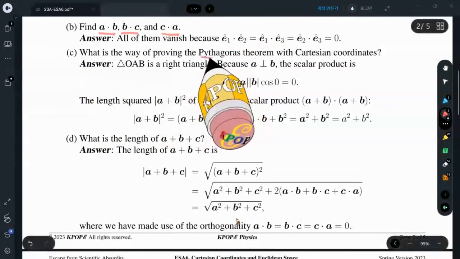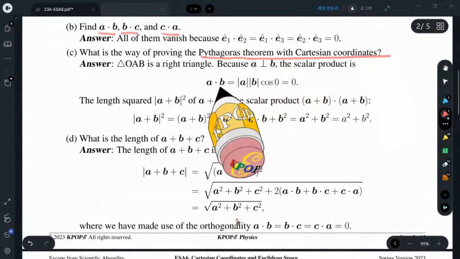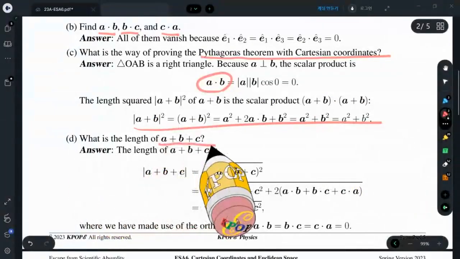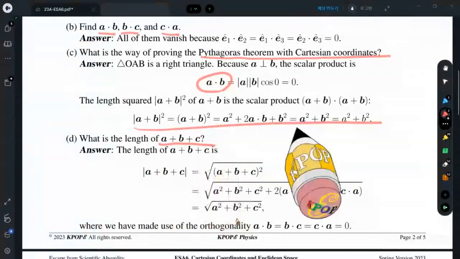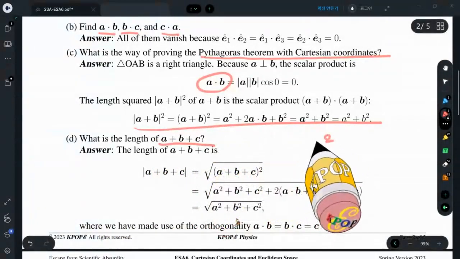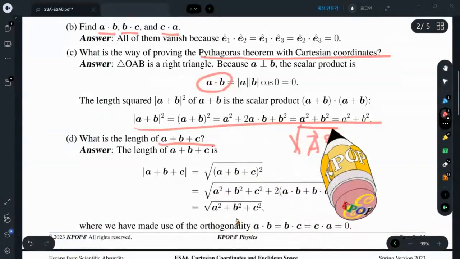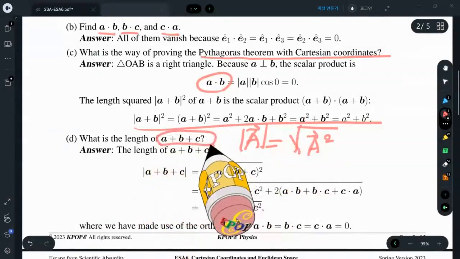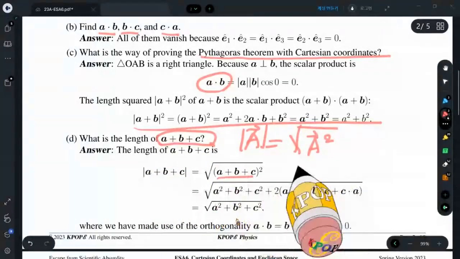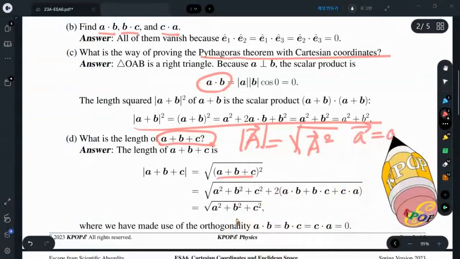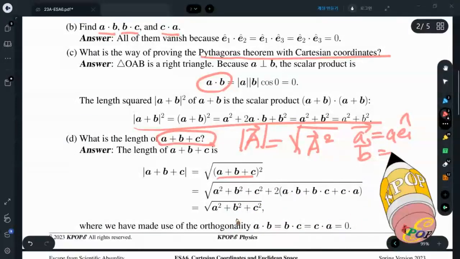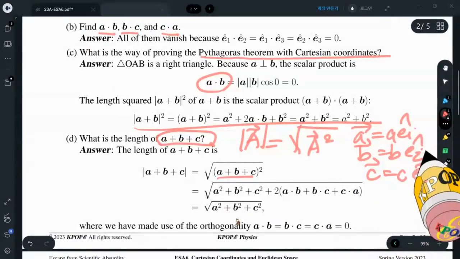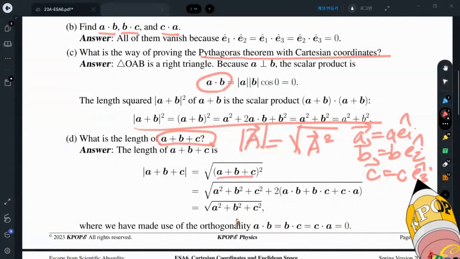What is the way of proving the Pythagorean theorem with Cartesian coordinates? Yes, we have done this in the previous class. What is the length of A plus B plus C? The length of a vector is the square root of the vector squared. That is the magnitude. We know A equals A e1, B equals B e2, and C equals C e3, and they are all orthogonal to each other.